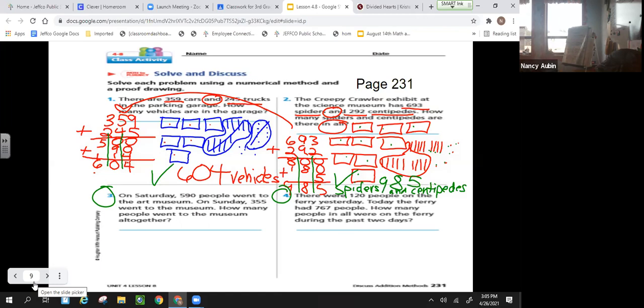Read it and make sure. Gabe is almost done with number 3. He is way faster. But what I love the most is he's lined up his digits in the correct place value.